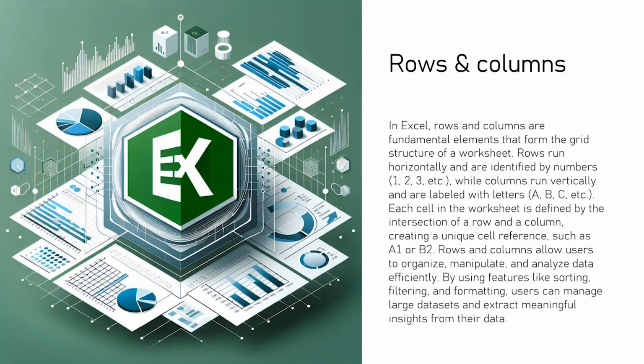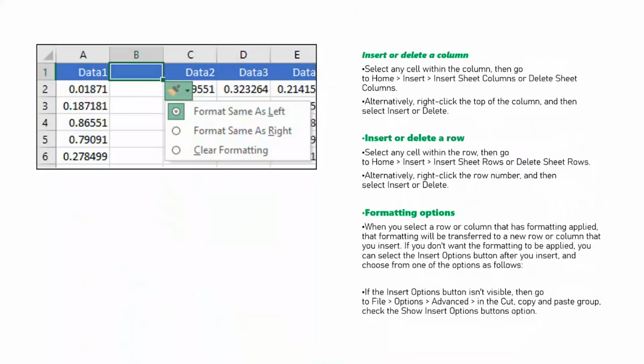Your grid is created from the rows and columns. Rows run, as you know, horizontally and are identified by numbers, as we have explained, and columns vertically, and they are identified by letters, as we said, ABC. That's what forms your cells. So the name of your cells are created like that. This is how rows and columns run in Excel.